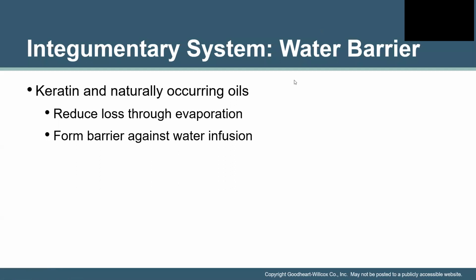Within the skin's or integumentary system's outermost layer, which serves as our water barrier, both coming into the body as well as leaving the body, there is a protein substance called keratin. We've all heard of keratin. The skin's outermost layer contains keratin. This is a tough protein that we find concentrated in the hair and the nails, as it adds structural strength.